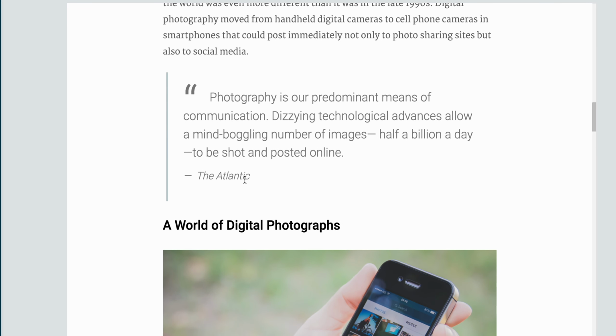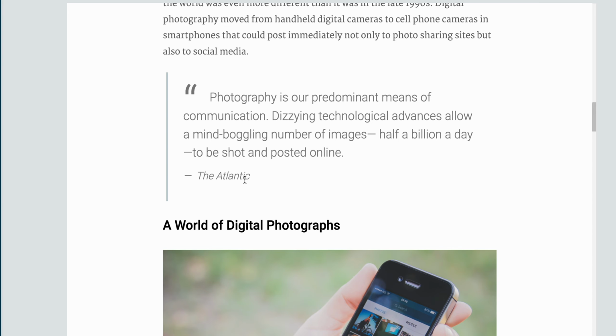This quote is important. Photography is our predominant means of communication. Yes, photography is now the easiest and the fastest means of communication. You might understand a whole idea, a whole story out of a picture in no time.